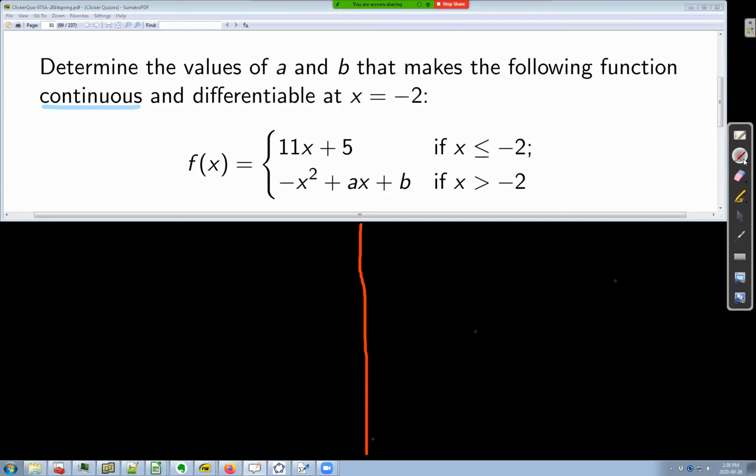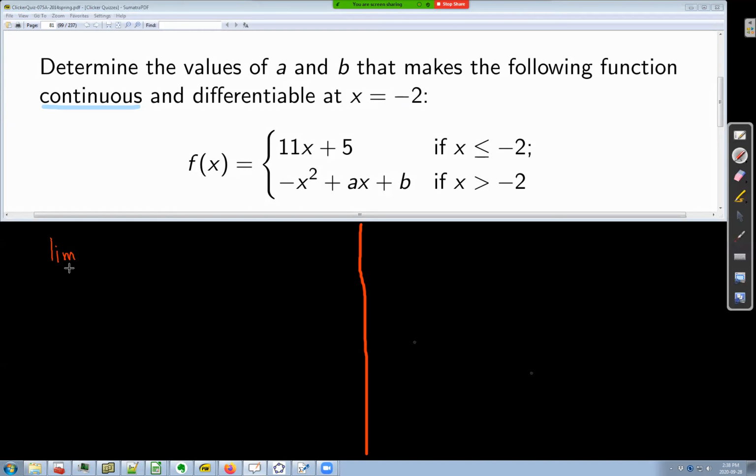So I'm going to figure out what the limit of this function from the left is. I'm going to have the left side of the screen here, and the right side of the screen here.